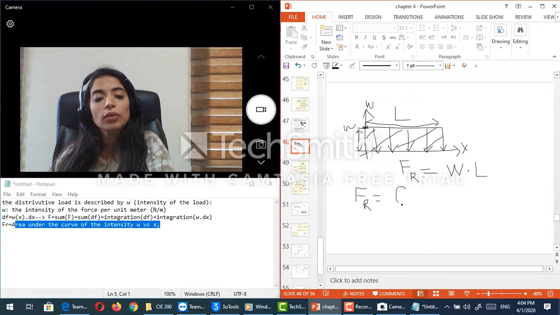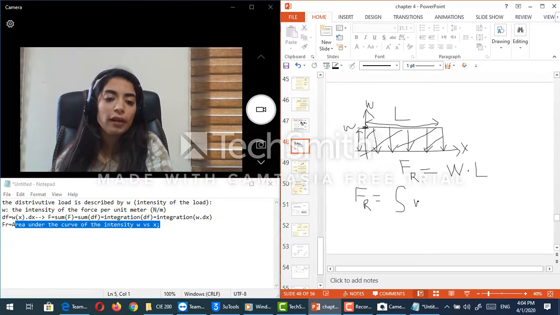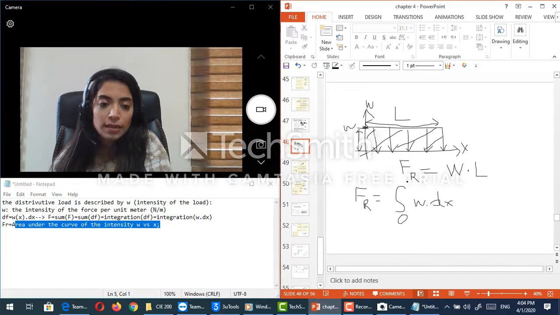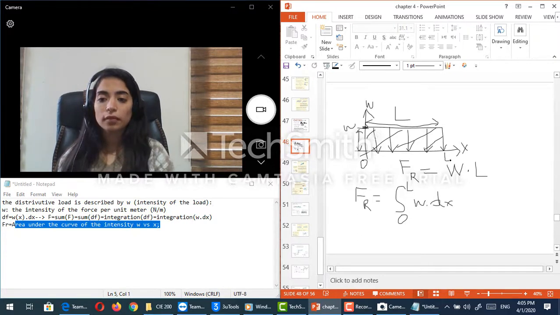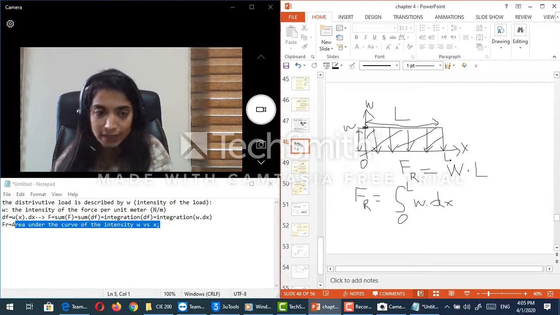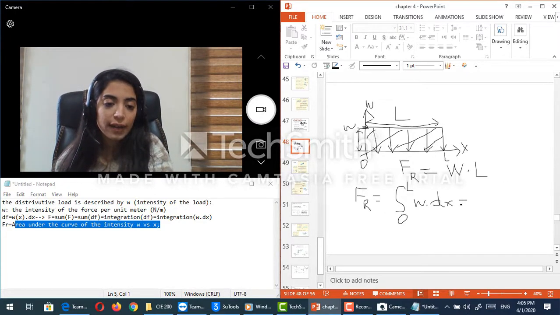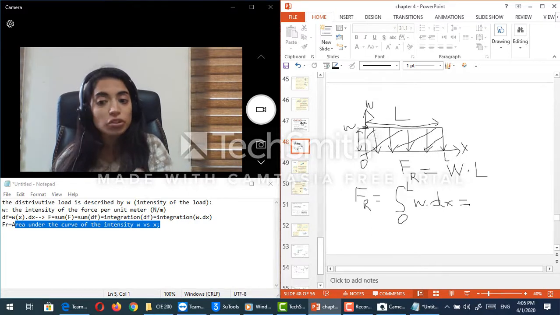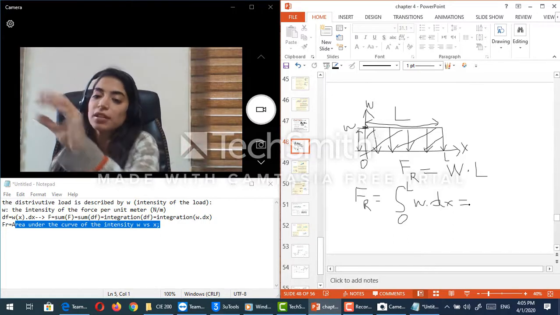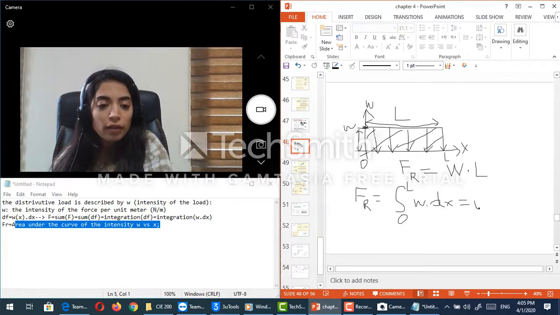Fr should be equal to the integration of omega dx going from 0 to L, basically, because this omega is going from 0 to L. But I know that in this particular case, omega is constant, which means, guys, I can remove omega from this integration, and this will give me what?